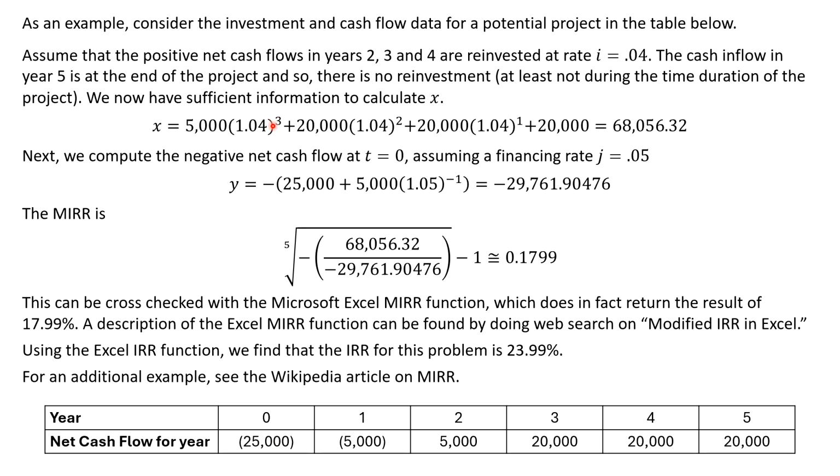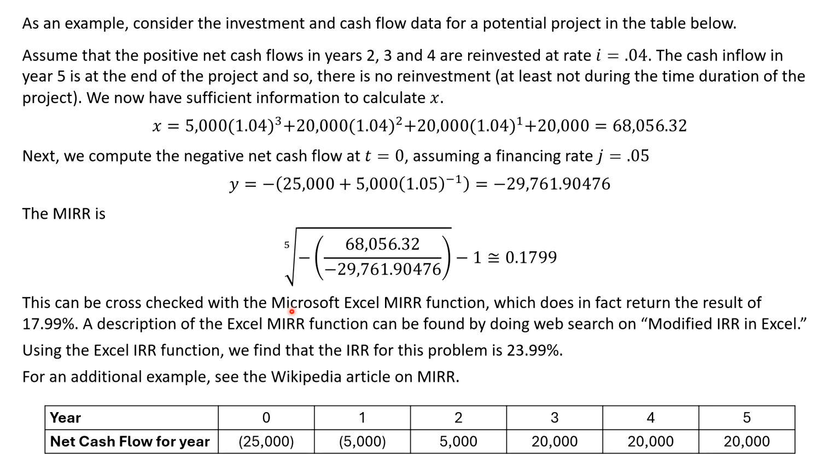So you compute the positive cash flows to the end and the negative cash flows to the beginning. And then you just plug it into the formula. You remember this was the minus X over Y, which is negative, and you can see here how the negatives cancel. Take the 5th root of that, subtract 1, and you can do this on a lot of calculators if you wanted to, and you get the MIRR.